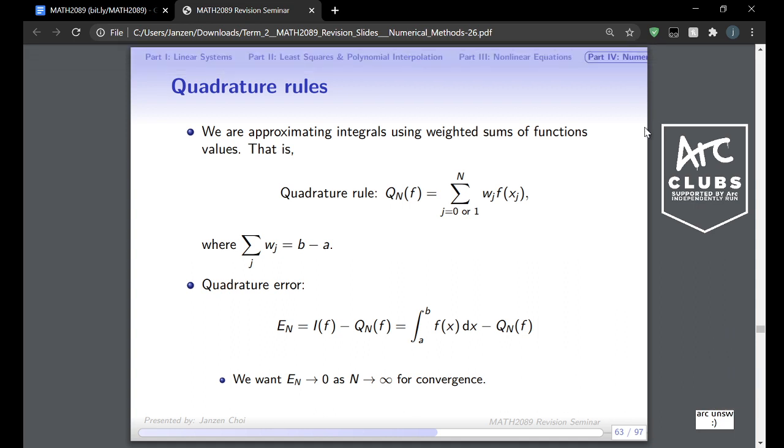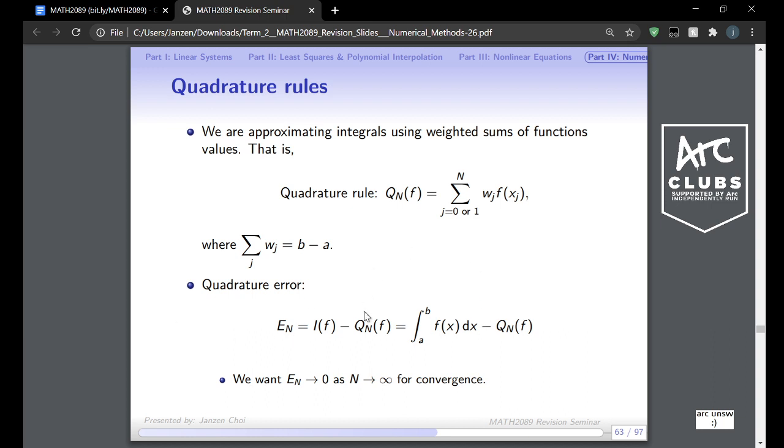Cool. So the idea of quadrature rules is to approximate an integral by applying weighted sums of function values. Depending on the rule, the weights will differ. Ideally we want the approximation or quadrature error to approach 0 as n, the number of subintervals, increases, for the sake of convergence.